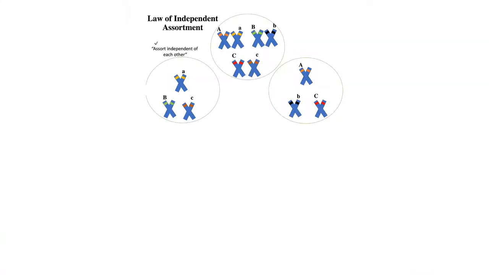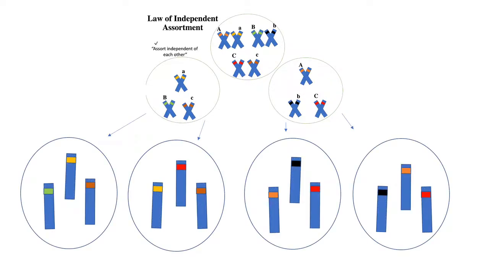So that is the reason why we get the gametes with different possible combinations at the end. The assortment of alleles is purely random, remember, and does not have a predictable, or you can say fixed, pattern during the process of gamete formation.